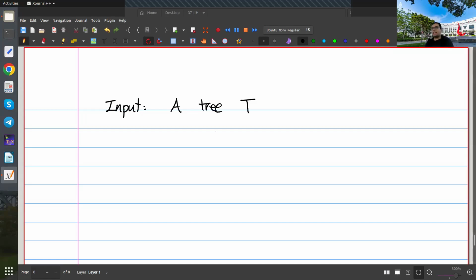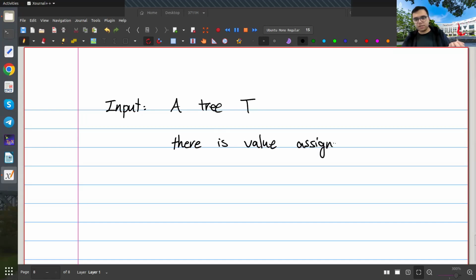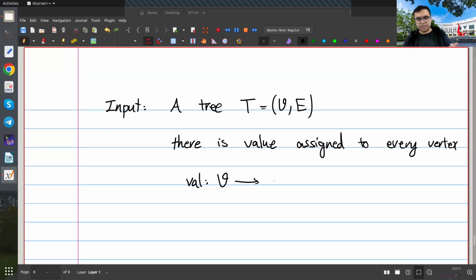But each one of the vertices in this tree has a value, okay? So there is a value assigned to every vertex. So imagine that I have a function called val, which takes my vertices and assigns a real value.